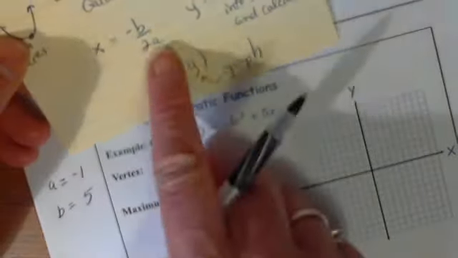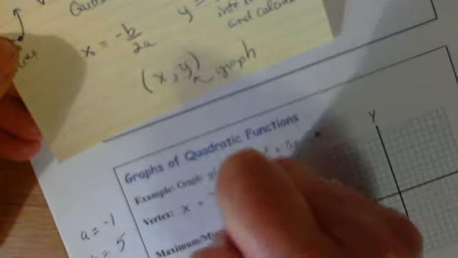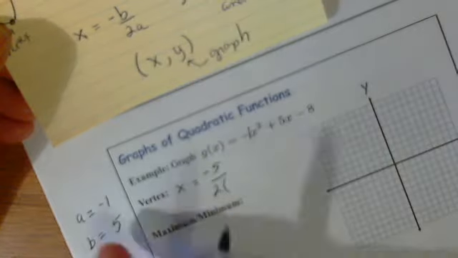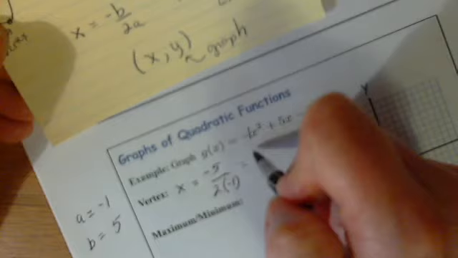Alright, I go grab my vertex formula. X equals the opposite of B, and the opposite of B will be negative 5, over twice A, 2 times negative 1. Let's simplify this.